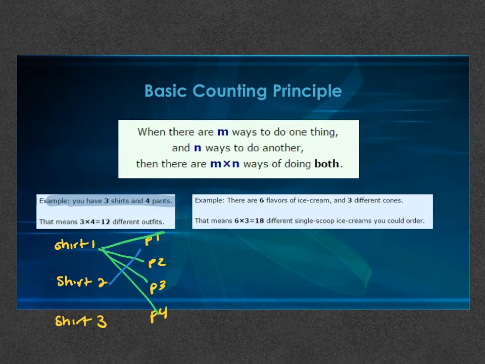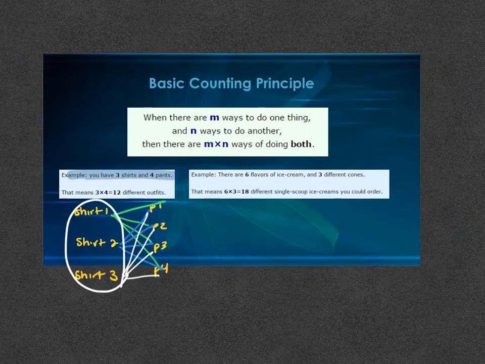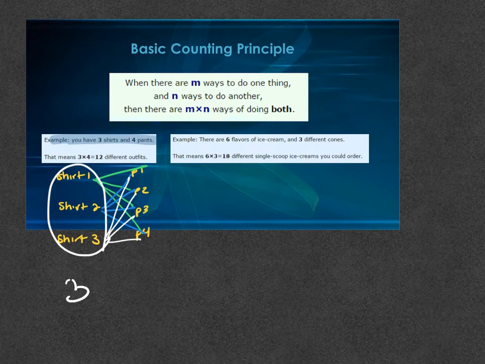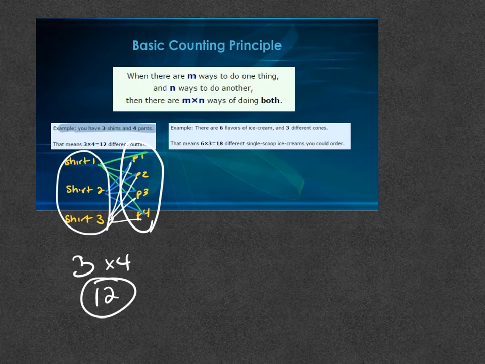I can wear shirt 2 with pant 1, 2, 3, or 4. And I can wear shirt 3 with pant 1, 2, 3, or 4. Then I can count all those up. The shortcut is to figure out how many options there are of the first thing, 3 shirts, and how many options of the second thing, 4 pants, and just multiply those together. That's how many ways you can arrange an outfit.